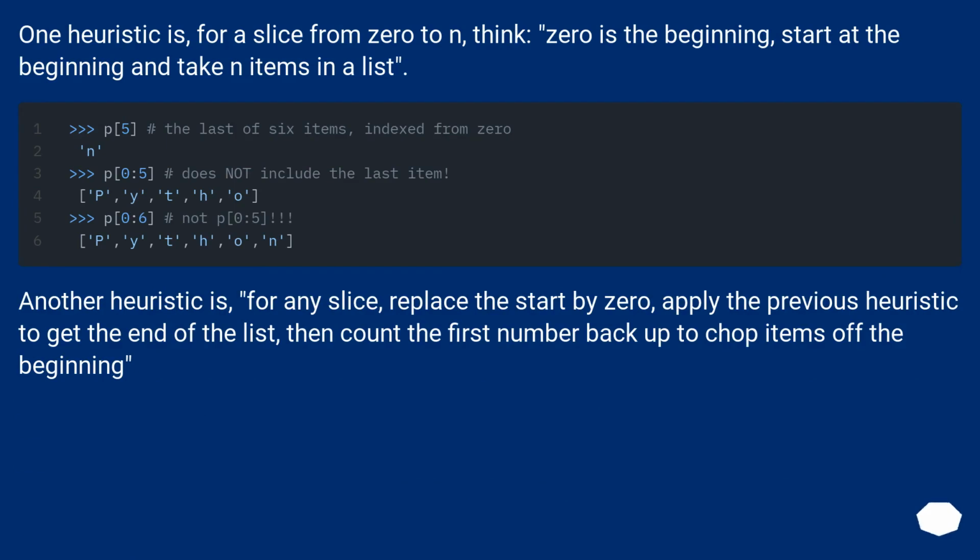One heuristic is, for a slice from 0 to n, think: 0 is the beginning, start at the beginning and take n items in a list. Another heuristic is, for any slice, replace the start by 0, apply the previous heuristic to get the end of the list, then count the first number back up to chop items off the beginning.